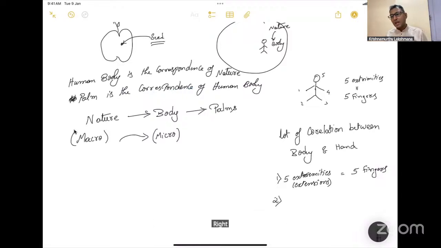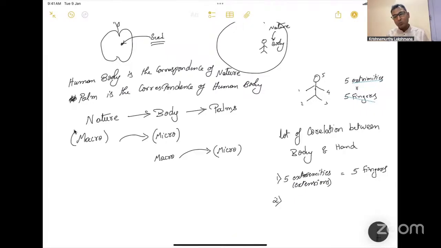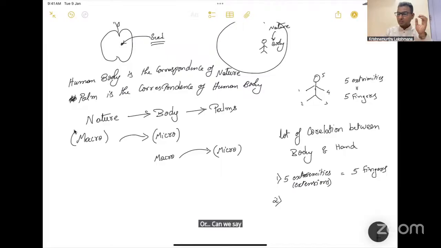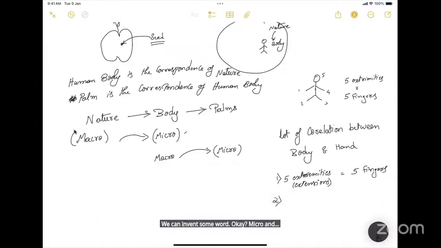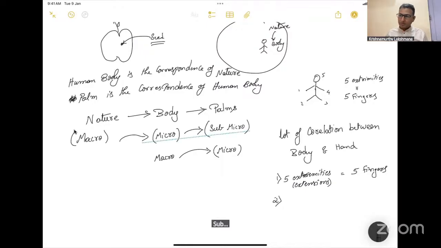Right? And if we consider body as macro, in comparison to body, the palm is micro. Or can we say sub-micro? We can invent some word. Okay, micro and sub micro. Okay, clear?